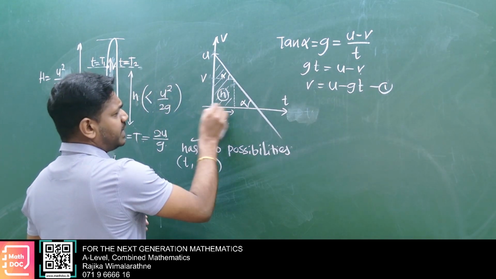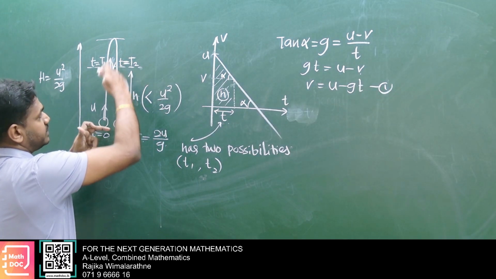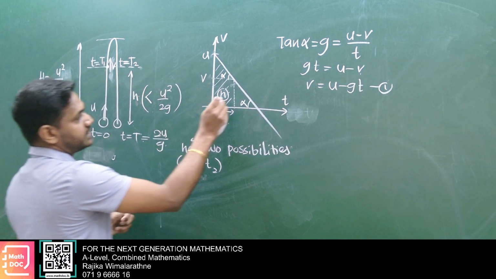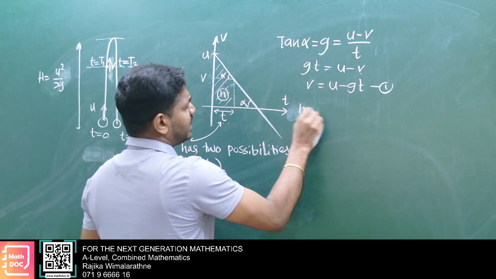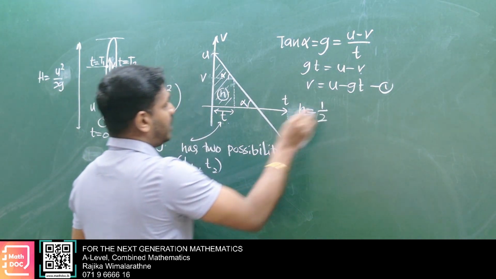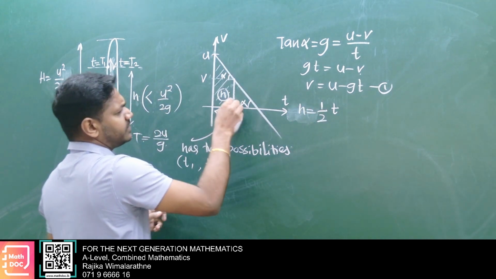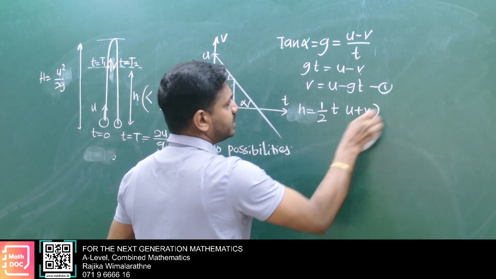Now here, bounded area. At this point, no? Then displacement, simple h, that is h. Therefore, the H value you can write as this area, trapezium, half into T into U plus V, no? U plus V, here trapezium area.